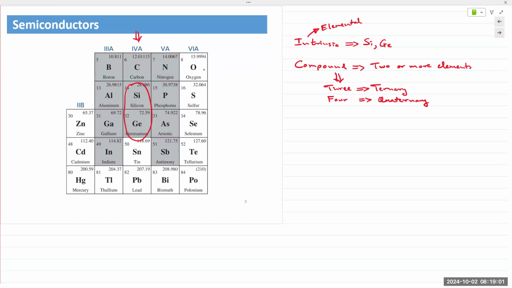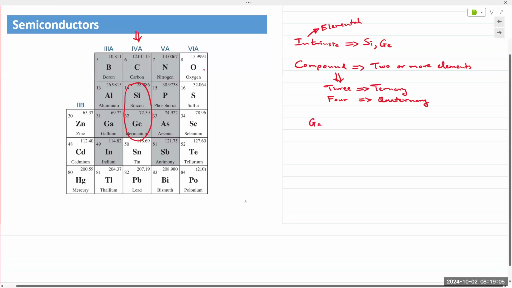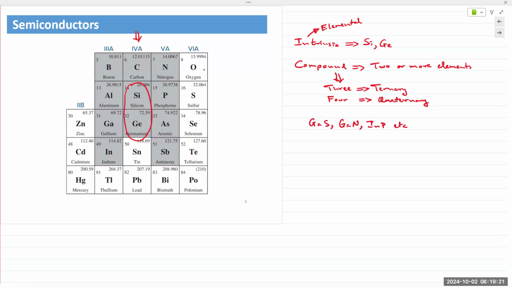Some examples of compound semiconductors are gallium arsenide, gallium nitride, and indium phosphide. Compound semiconductors are made up of elements from column 3 and 5.